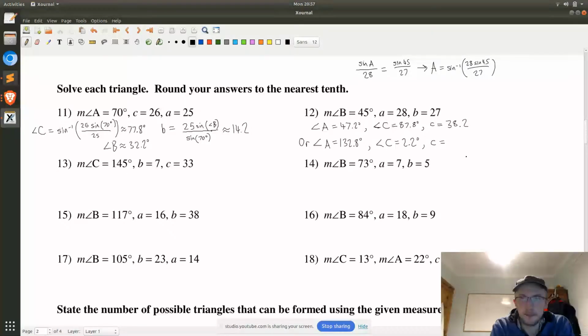The length of side C becomes what? That is basically nothing. It's very tiny indeed.